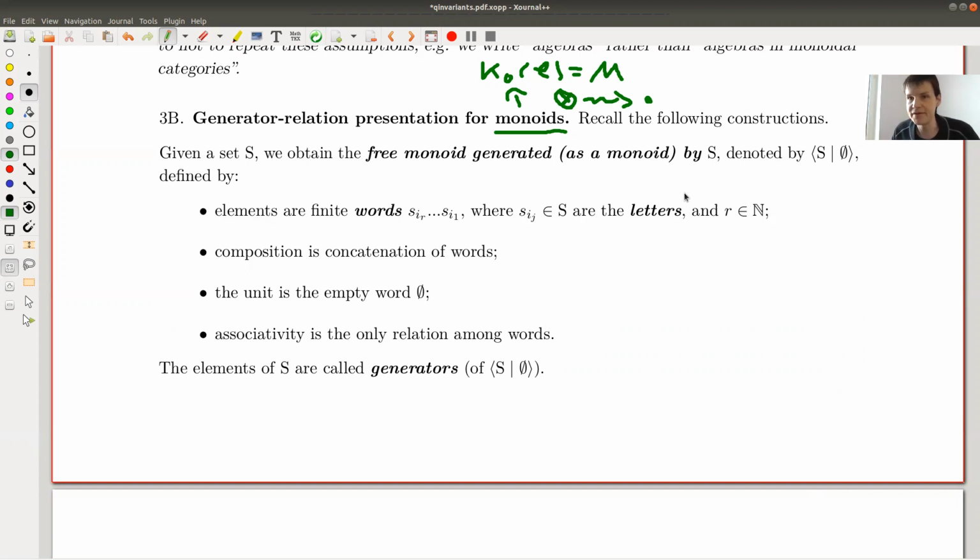So the free monoid is the easiest example you can imagine. The free monoid generated by some set, let's say S, with generators and relations, and it's free. Free means I don't have any relations to worry about at all. It's the easiest possible construction ever. I'm just imposing exactly the relations to make it a monoid, and that's it.